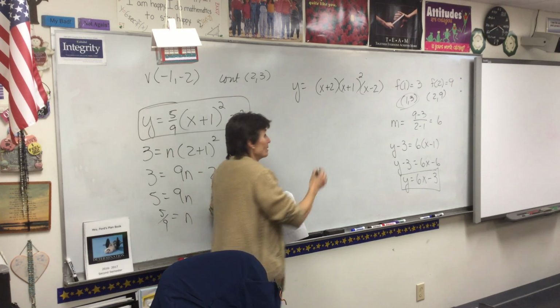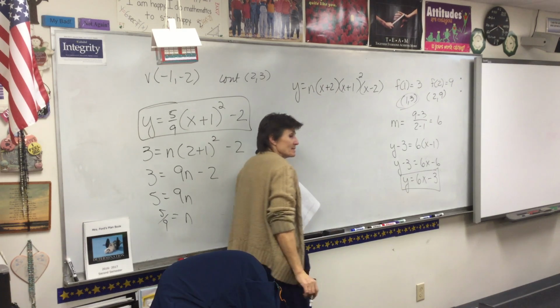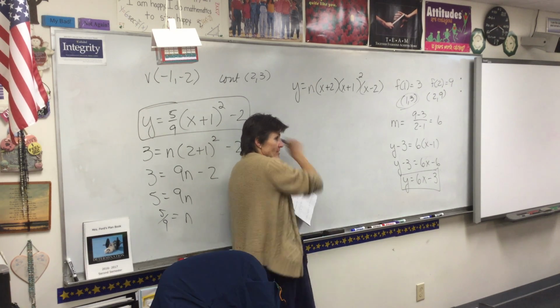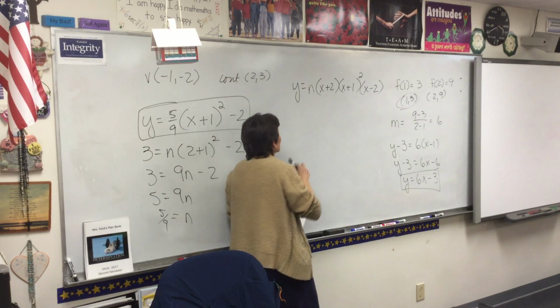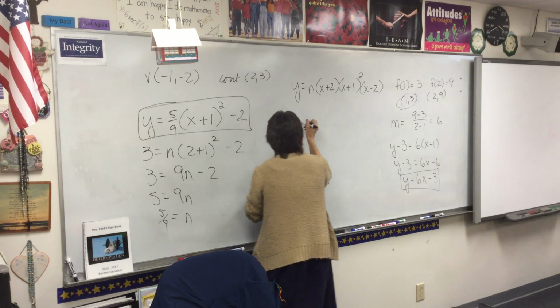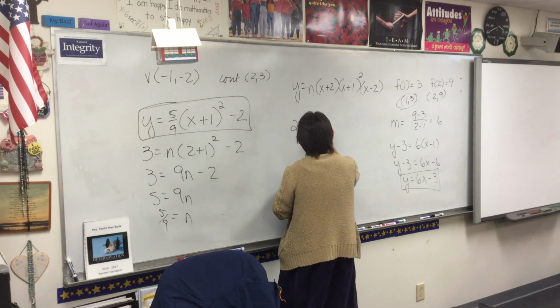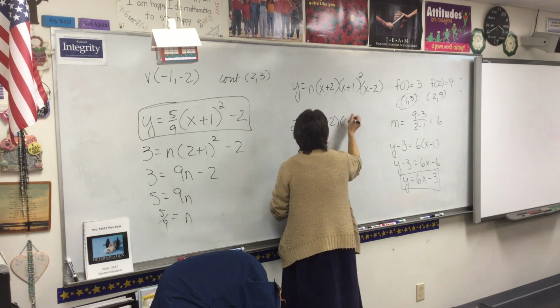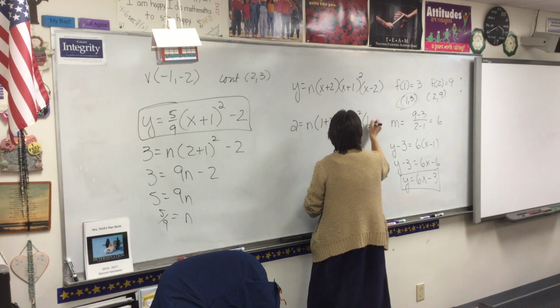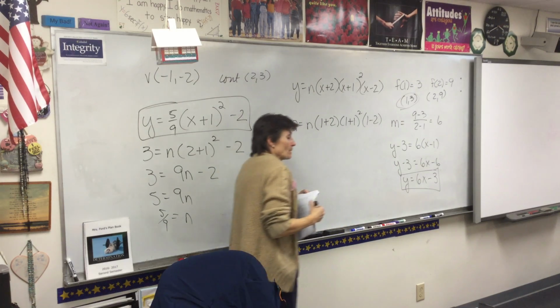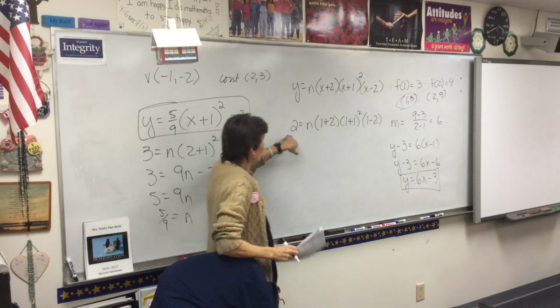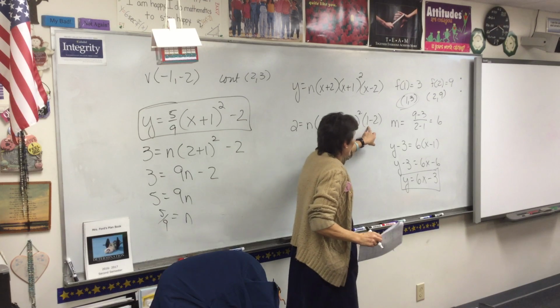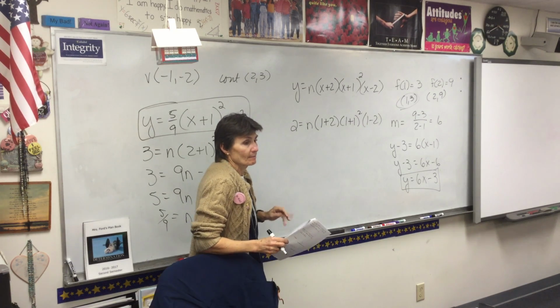I'll plug it in because I'm still trying to find that mysterious coefficient, just like I was over here. So 2 equals n times 1 plus 2, 1 plus 1 squared, 1 minus 2. Plugging in 2 for y and 1 for all of the x's.